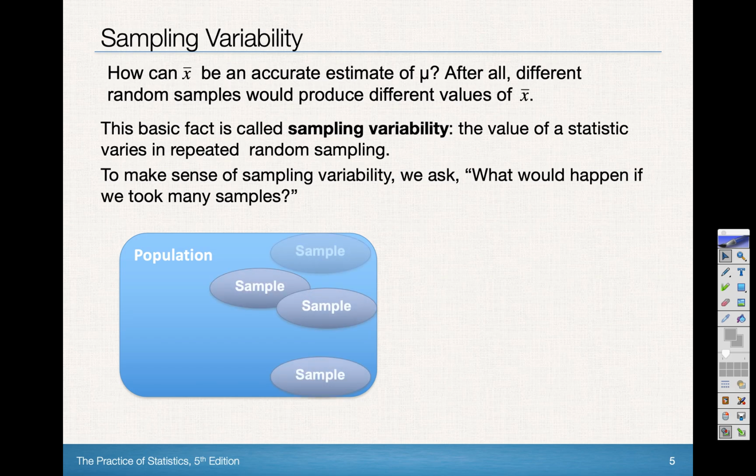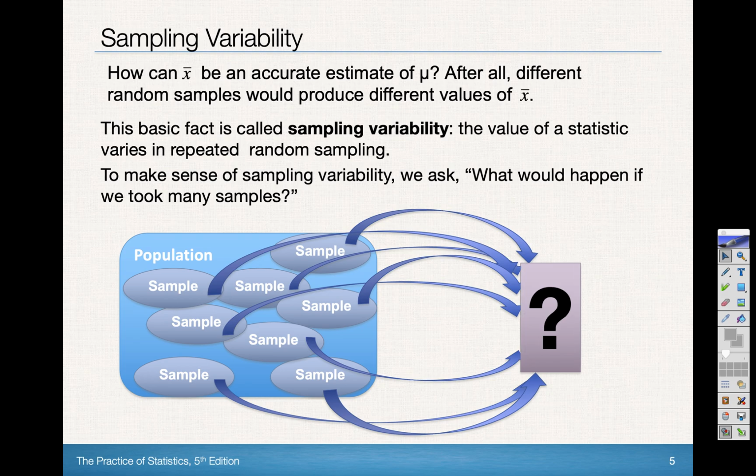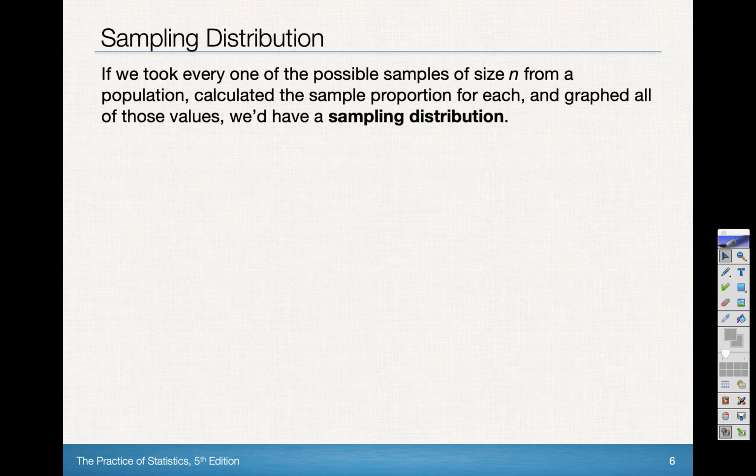So instead of taking one sample, what if I took many samples of the same size from the population? So what if I took many samples of size 50 and found the average of each of those samples? This would make what's called a sampling distribution. If we took every one of the possible samples of size n from a population, we calculated some sort of statistic, so a sample proportion or a mean, and graphed all those values, we would have what's called a sampling distribution.